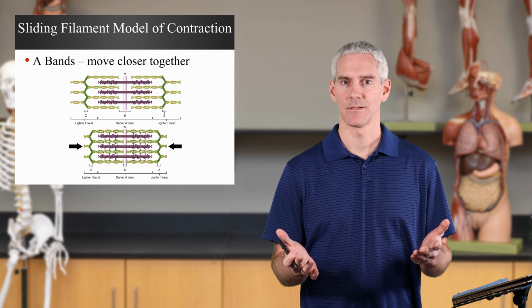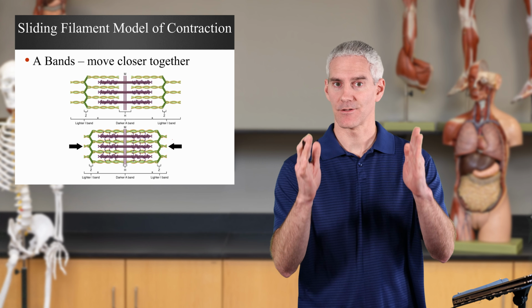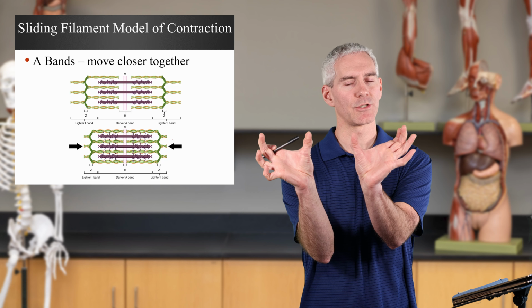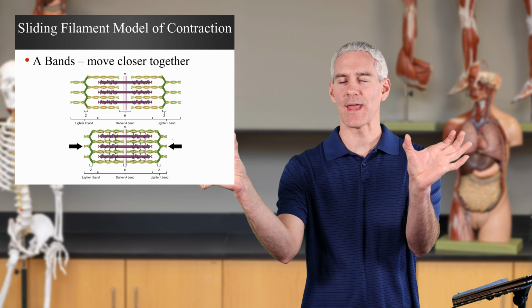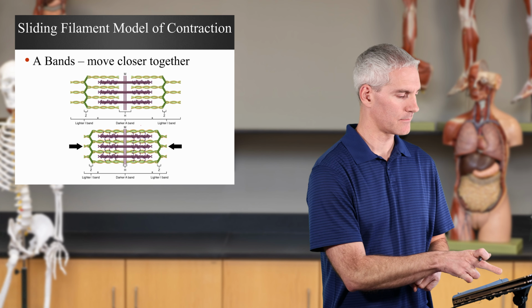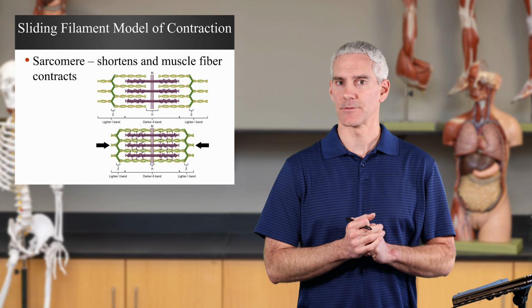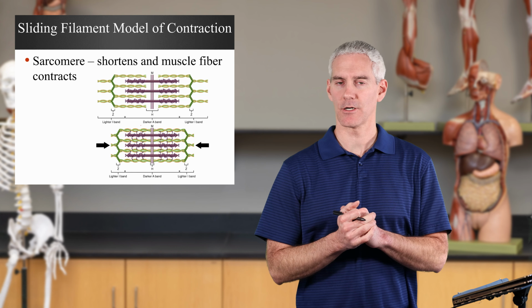A bands, they don't change in size. They're still the same size. But each A band gets closer to the next one. So all the A bands get closer to each other. The sarcomere itself gets thinner. Contraction is occurring.